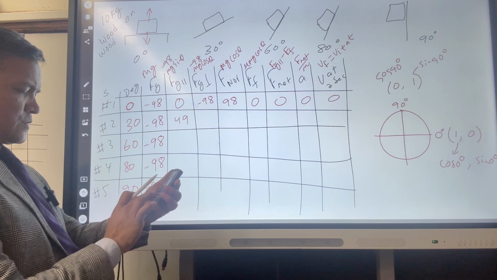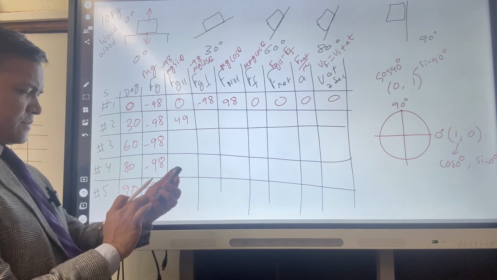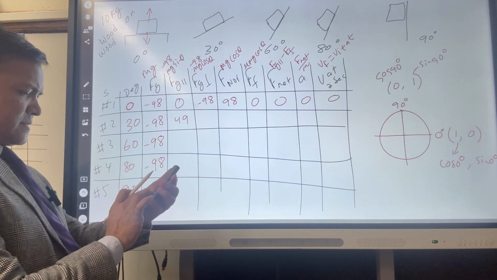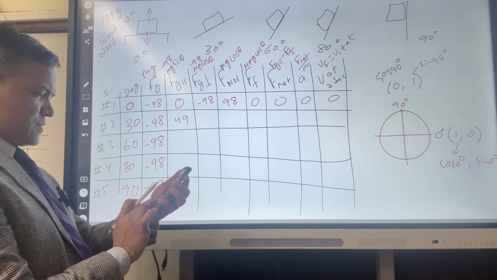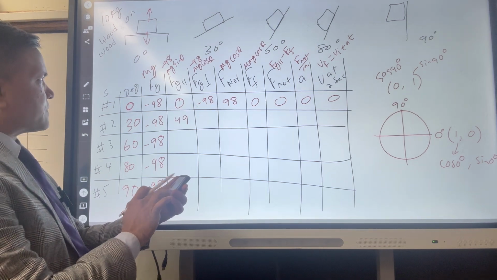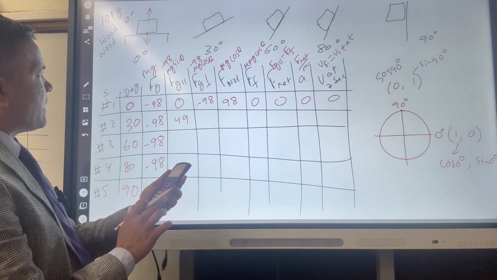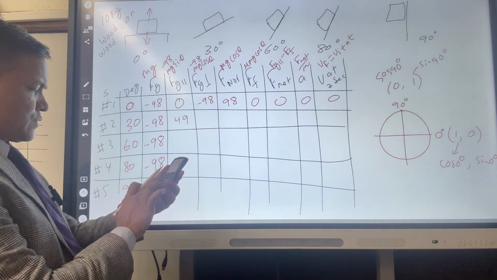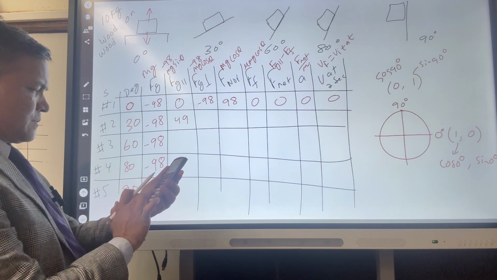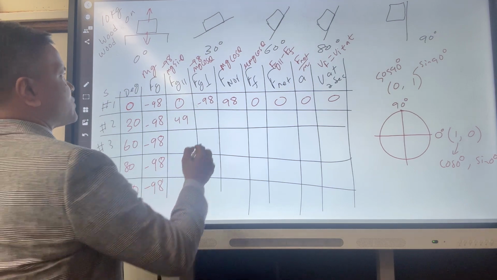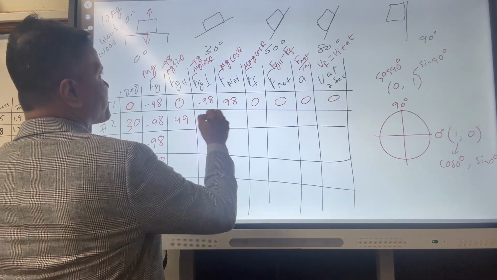So 98 cosine 0 should be 98. Okay, 98 sine 0 should be 0. Okay, good. This calculator is good. So 98 cosine 0 is 98. So this one is 98.